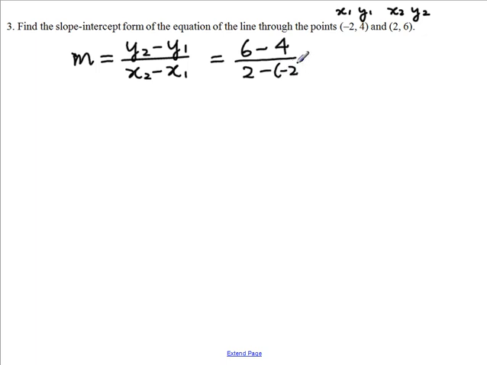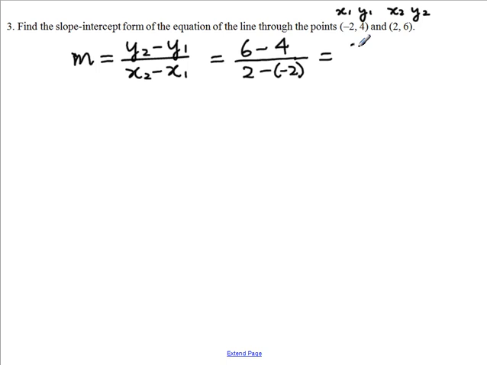Now be very careful. Very often, students make the mistake and say 2 minus 2 is just 0. But let's place it step by step: 2 and then minus x1, which is -2. So we have 2 minus -2.